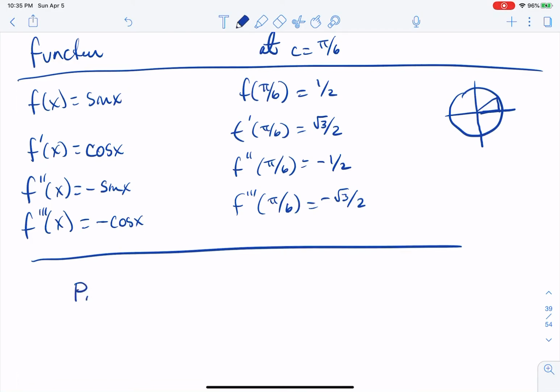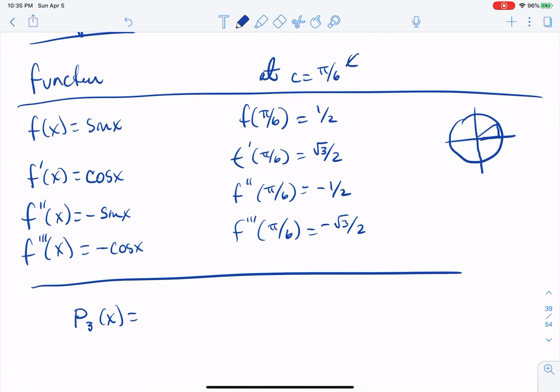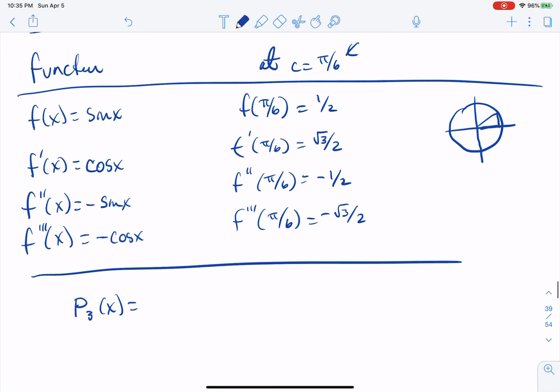So P sub 3 of x is equal to, and now remember we're centered at this pi over 6 here, so it's not just going to be x squared and all of that stuff. We have to translate it. Okay, so we start with our function value, which is a half, plus the square root of 3 over 2, that's this derivative, divided by 1 factorial, if you wanted to, times x minus pi over 6 to the first power.